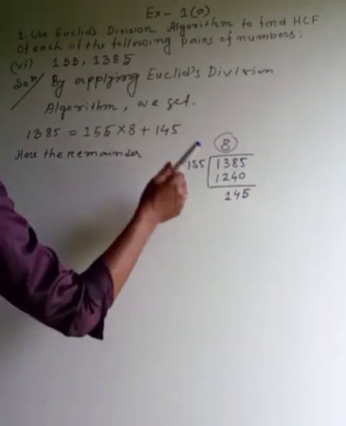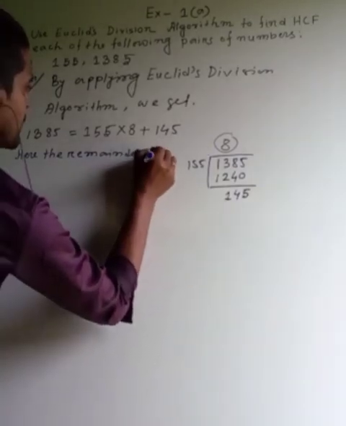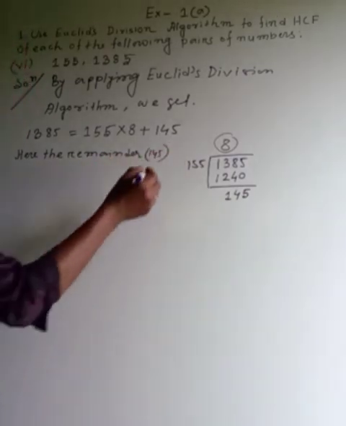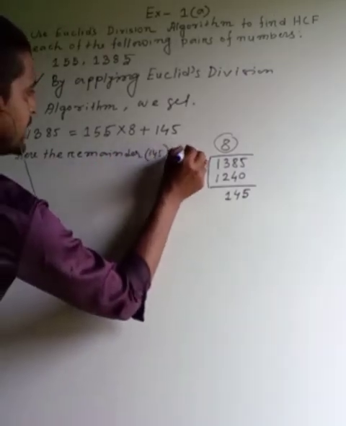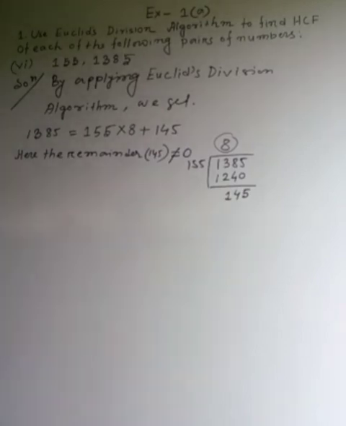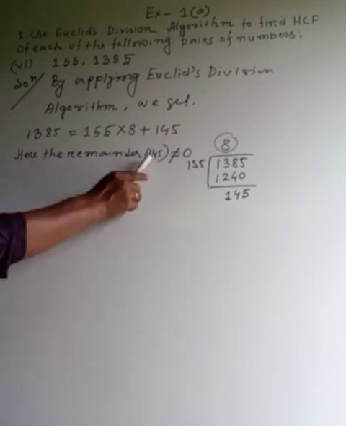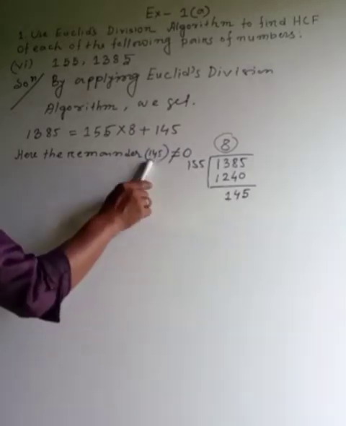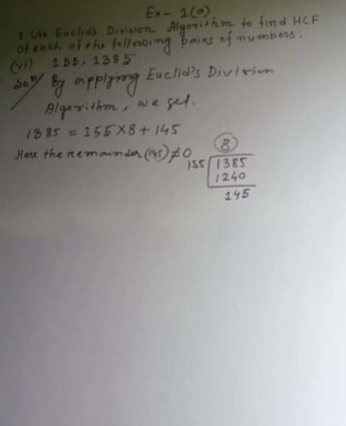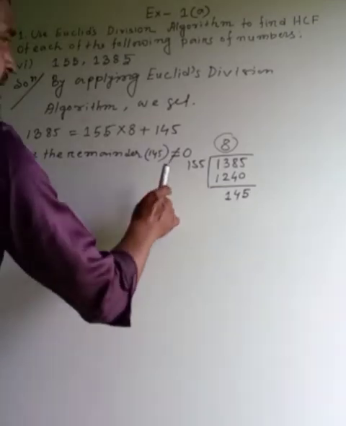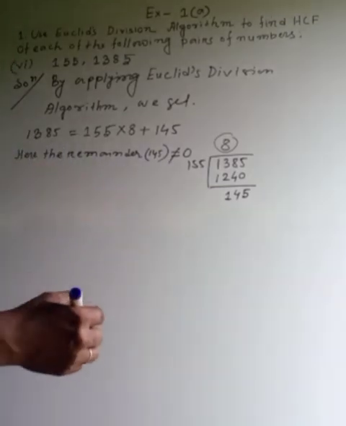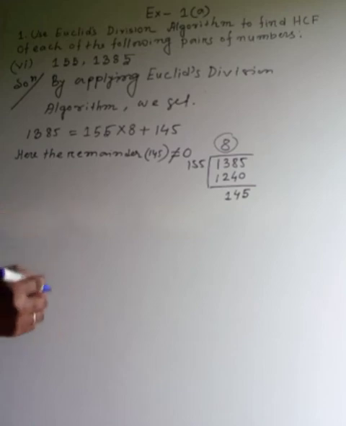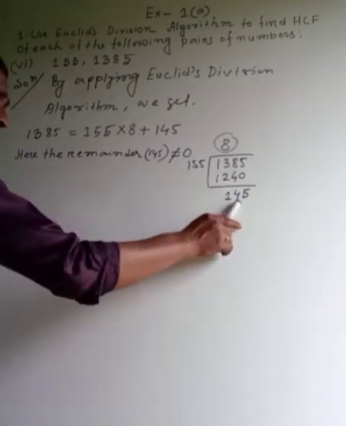Remainder is how much you got? 145. 145 is not equal to 0. So already I told you, our main target is we have to get the remainder as 0.